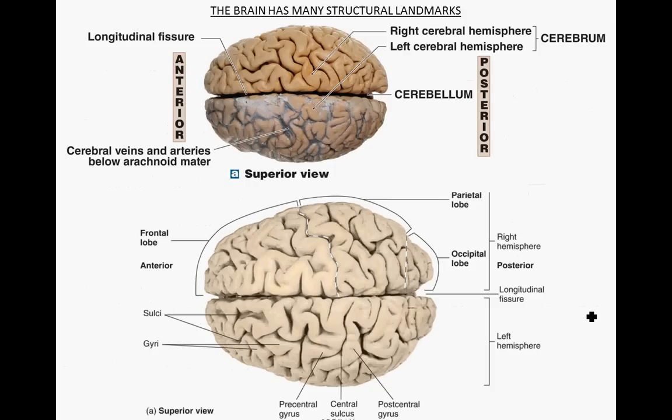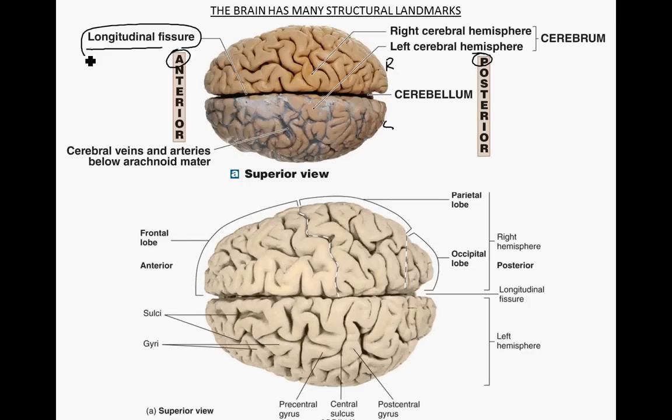If we look at a superior view here, we're able to identify, first off, anterior and posterior. We have the two hemispheres of the brain, and so this is the right hemisphere, this is the left hemisphere of the cerebrum, and we see that there's a large longitudinal fissure that goes down between the two hemispheres, which you should be able to identify on the sheep brains that we have in class.